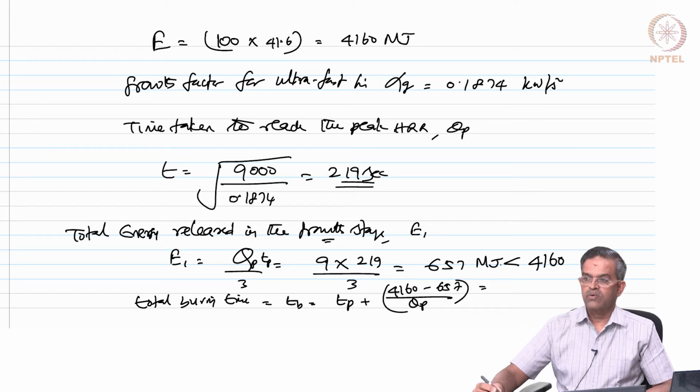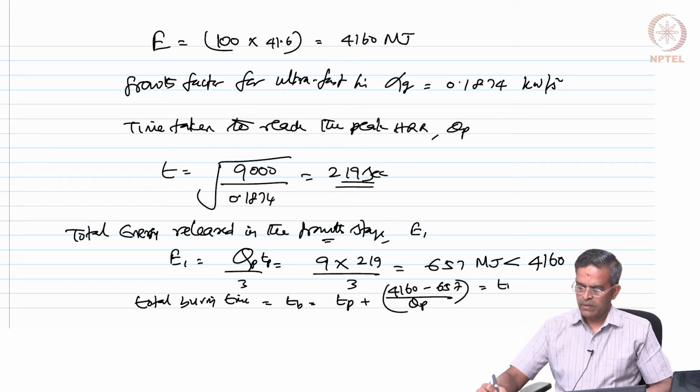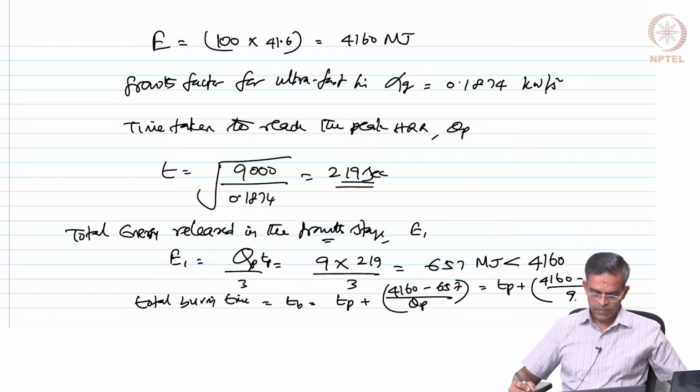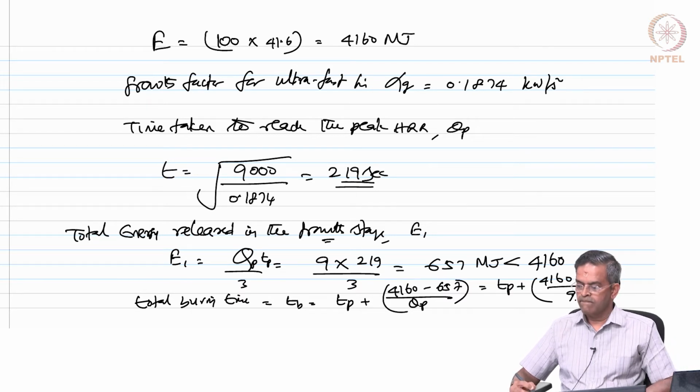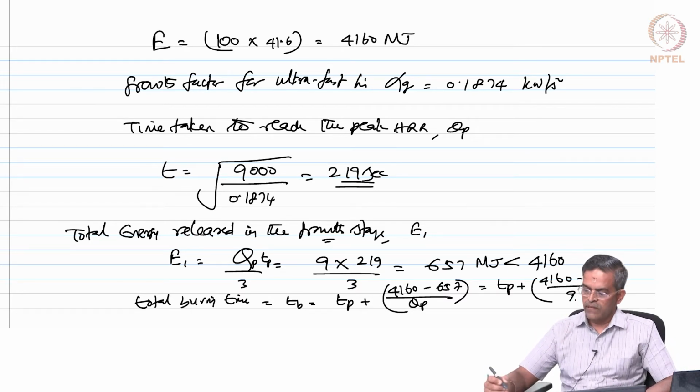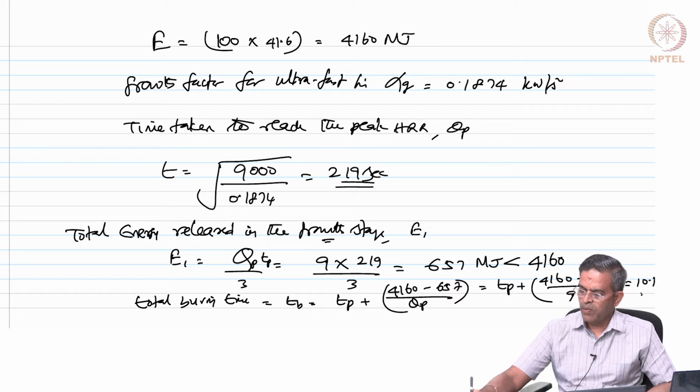So, in my case it is going to be Tp plus 4160 minus 657 by 9, which is about 10.1 minutes.